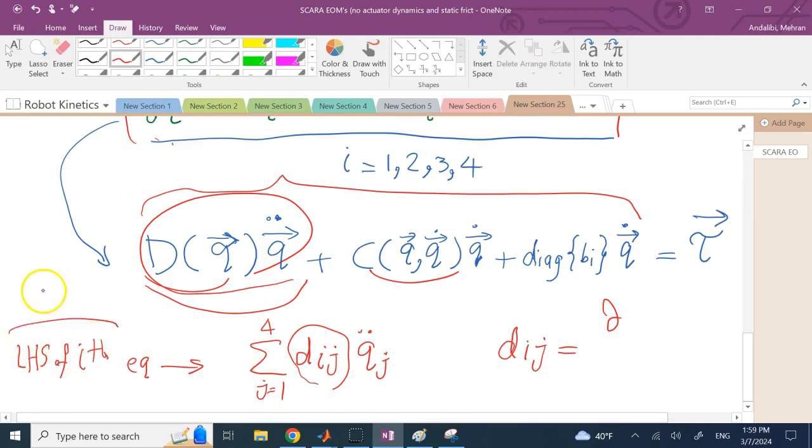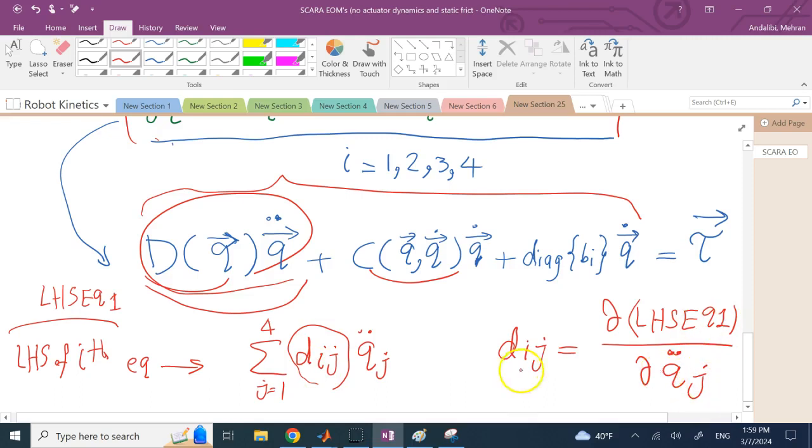If I call it something, like LHSQ1 or EQ1, a symbolic variable, and take partial derivative of that with respect to Qj double dot, that is going to give me Dij. You see, so I have 4 equations, I have 4 Q double dots, so I'm going to get 16 of these D's, which I'm going to arrange as the 4x4 D matrix.